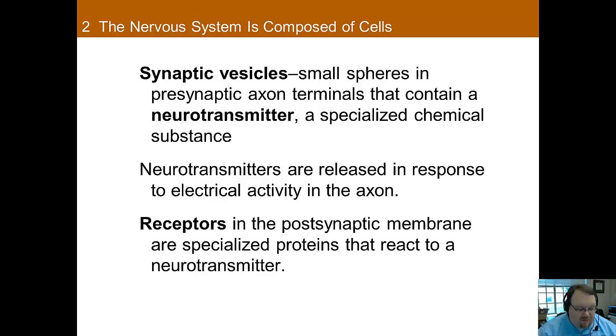It's much like a lock and a key. The neurotransmitter is a key. It fits the lock, turns it, and activates that receptor, which then sends the signal down to the next neuron.